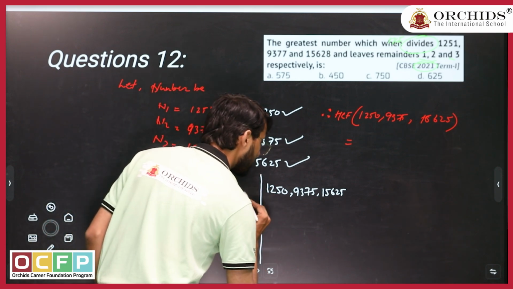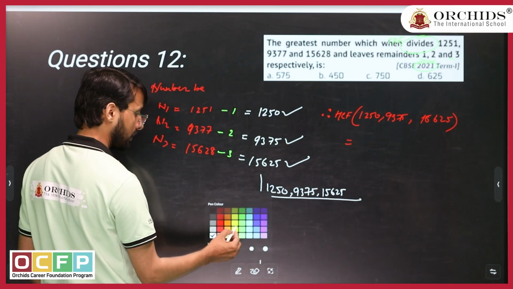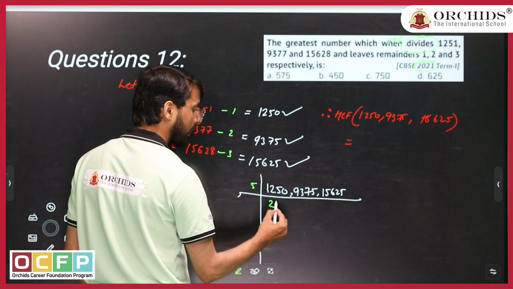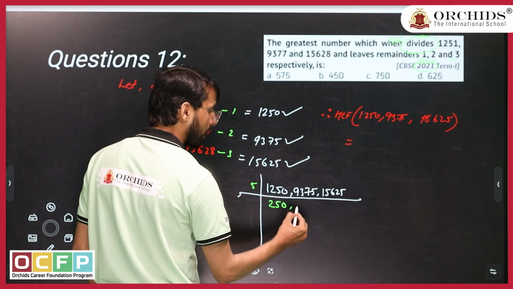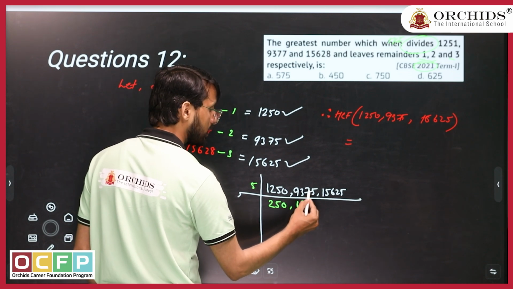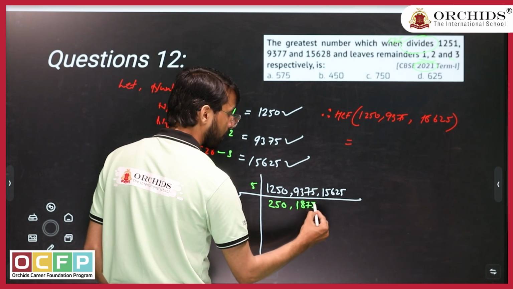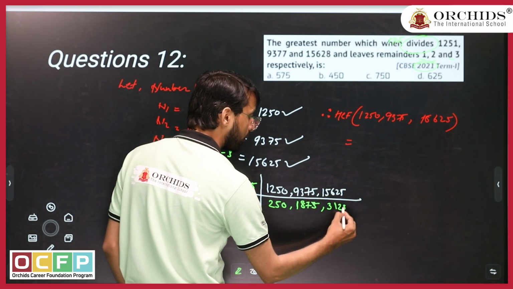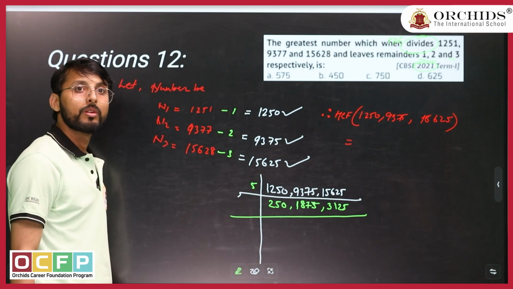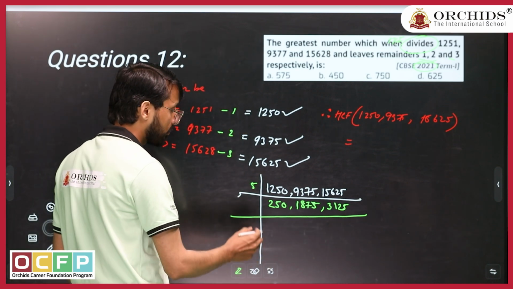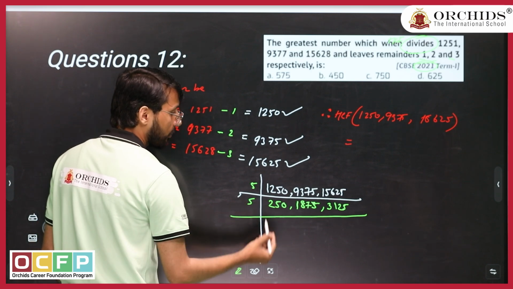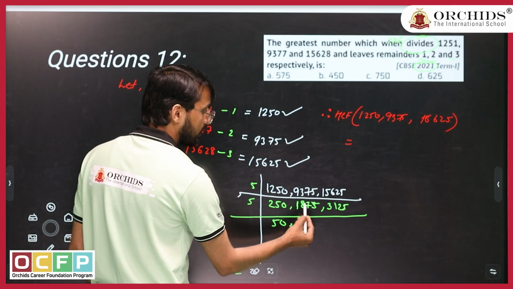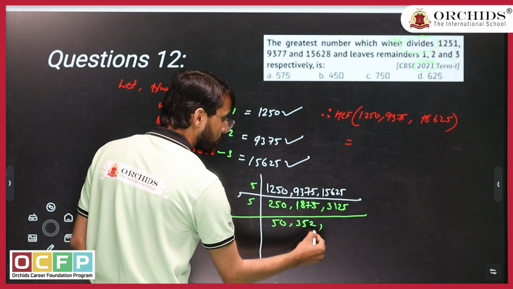So start with division by 5 only, so that we quickly reach the final answer. 5 2s are 10, 5 5s are 25, then 0. 5 1s are 5, 5 8s are 40, 5 7s are 35, 5 5s are 25. Then 5 3s are 15. Now 250, 1875, 3125. Again go with 5.